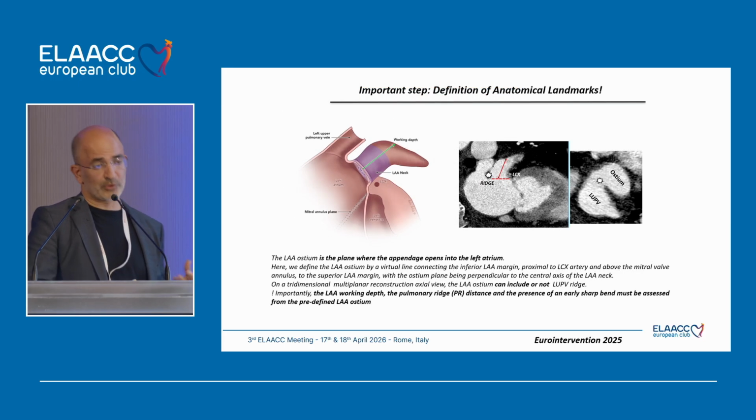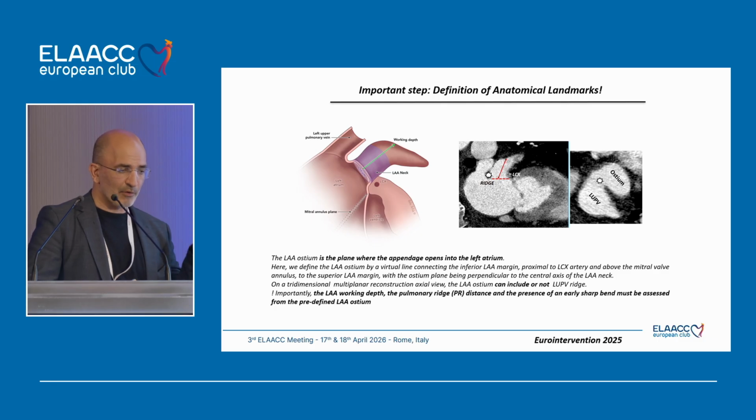So one important step was to define some clear anatomical landmarks. So we have given a clear definition of what the LA ostium was, the plane where the appendage opens into the left atrium. We define it as a virtual line connecting the inferior LA margin, just proximal to the circumflex, and above the mitral valve, of course, and the superior LA margin, with the ostium plane being perpendicular to the central axis of the neck.